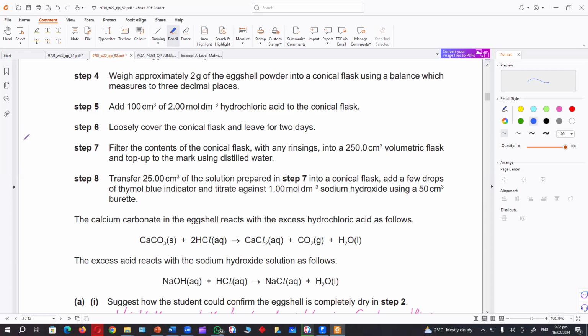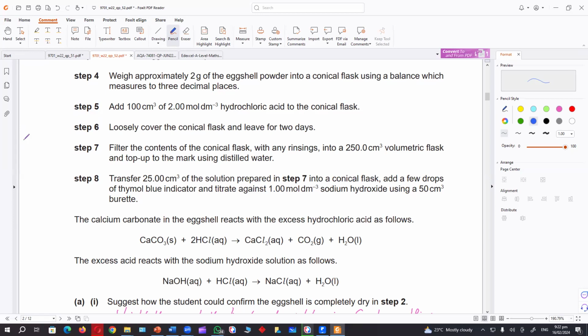Something is wrong in steps 7 and 8. Filter the contents of the conical flask with any rinsings into a 250 cm cube volumetric flask, and from 250 we have taken 25. So here is the mistake.